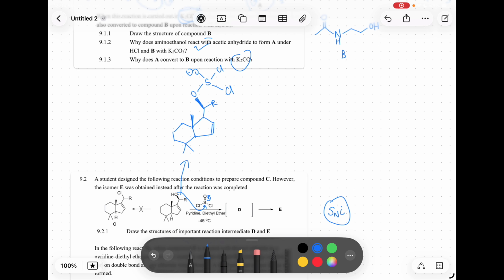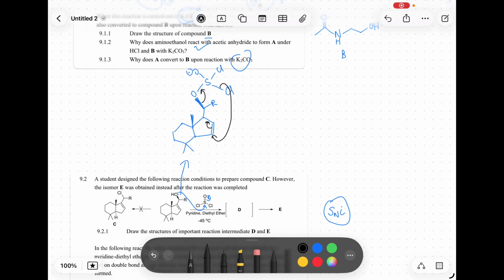But in this case, rather than expelling the Cl and then letting the expelled chloride attack there, what's going to happen is that instead you can form a transition state that is favorable, because you can have this chlorine attack here, giving you this outcome.